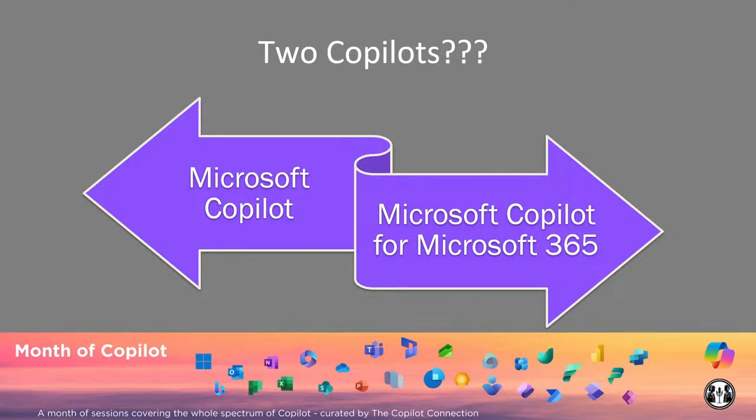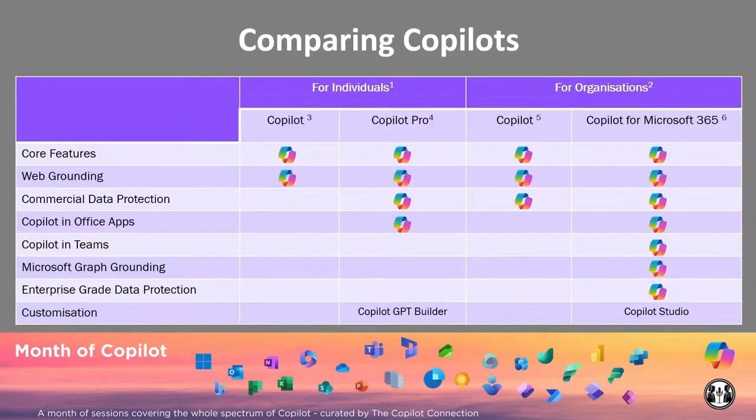Now, before we get much further, let's just compare those two Copilots. So what we've got here is a little table I've built comparing them. I'm using Copilot with an Entra ID or a Microsoft 365 account. If you're using Copilot with a personal account, that individuals column, then there are some differences.